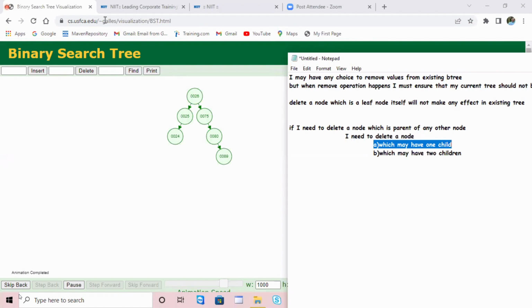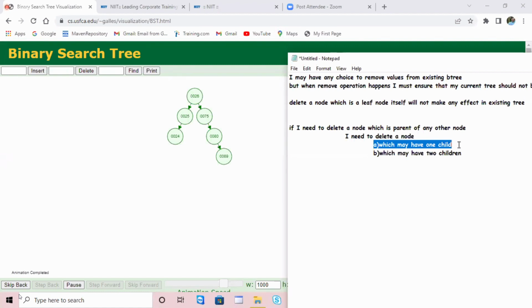So if I need to delete this particular 89, which is a leaf node, hardly there will be any effect in this list. But if I need to delete 80, whoever the child is will be placed in place of 80. So 75, previously pointing to 80, no longer needs to point to 80, and 80 will be removed.